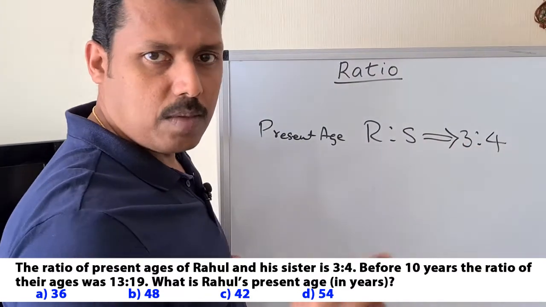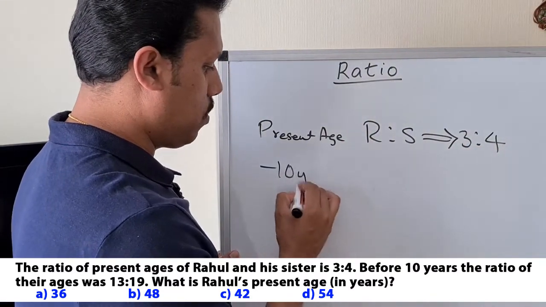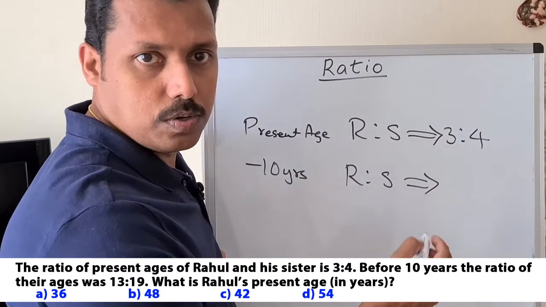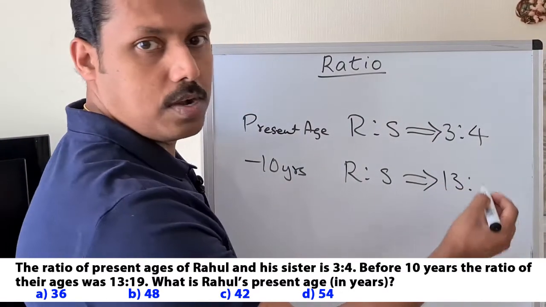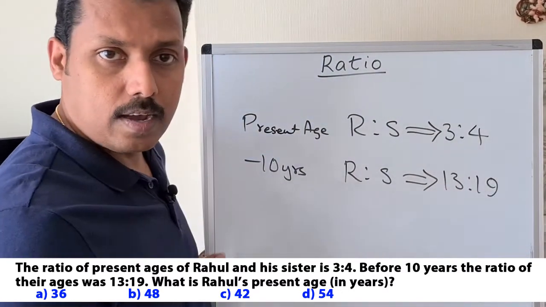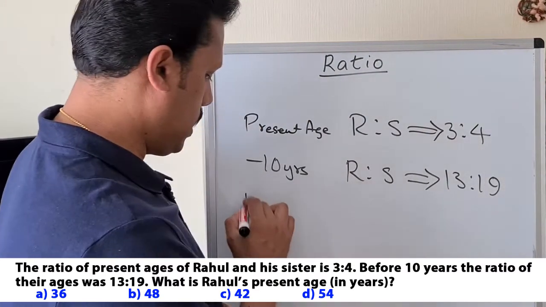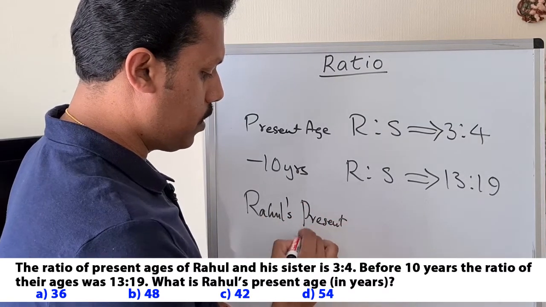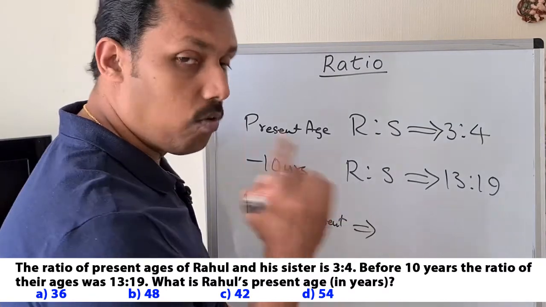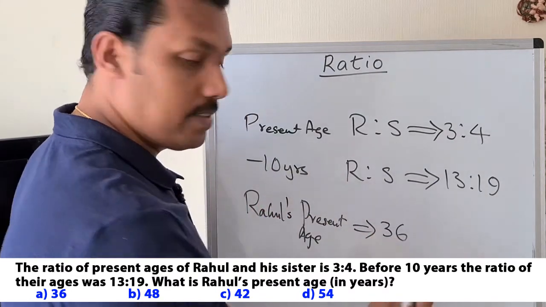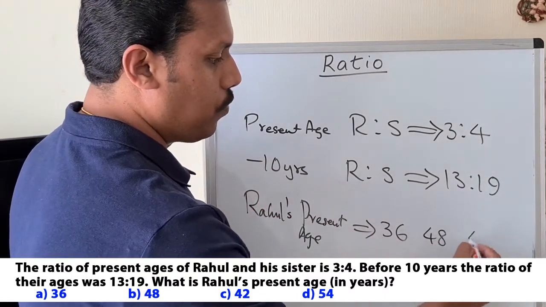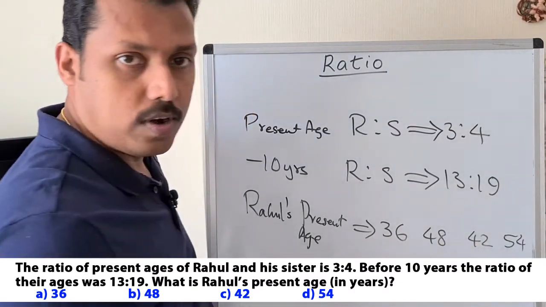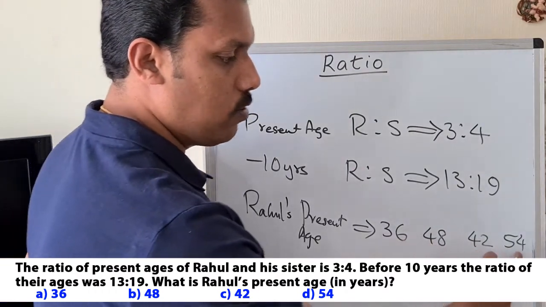Then they're saying before 10 years, that means 10 years ago, the ratio of their ages was 13:19. They're asking to find Rahul's present age. The four answers given are 36, 48, 42 and 54.